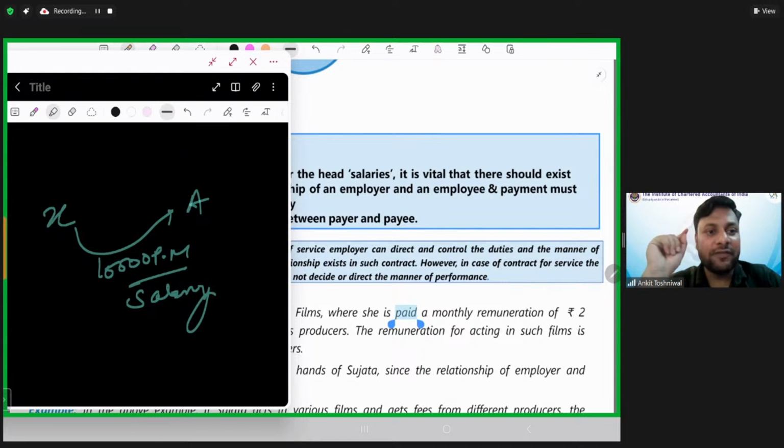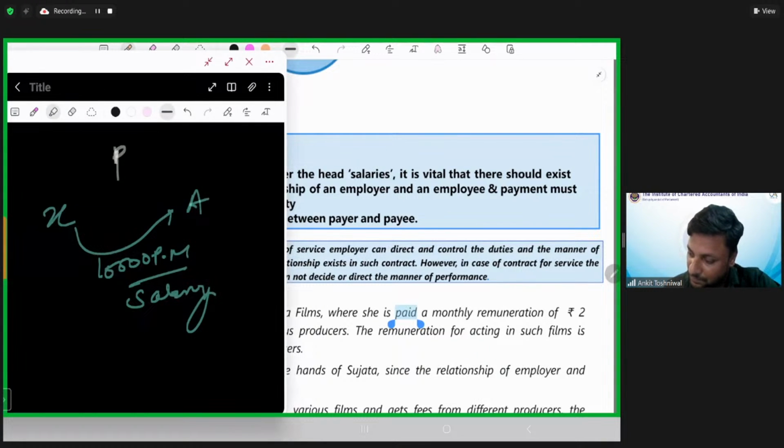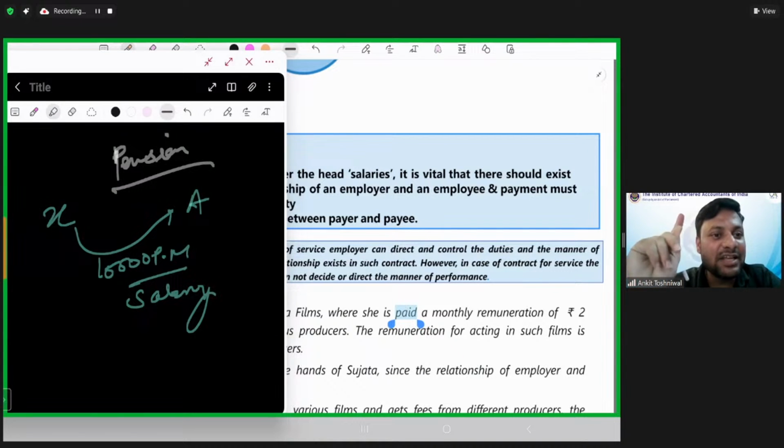But what if after retirement, A is getting a pension? Then such pension is taxable under which head? Salary, because it is nothing but an extension of that employer-employee relationship.